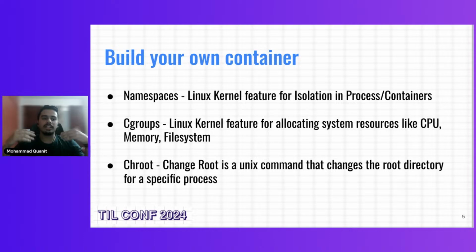The third component that we use when we are creating our containers is chroot. It stands for change root. It is a Unix command that changes the root directory for a specific process. As I said, when we implement our own containers, we are creating our own processes, and those processes should have their own file system as well, right?